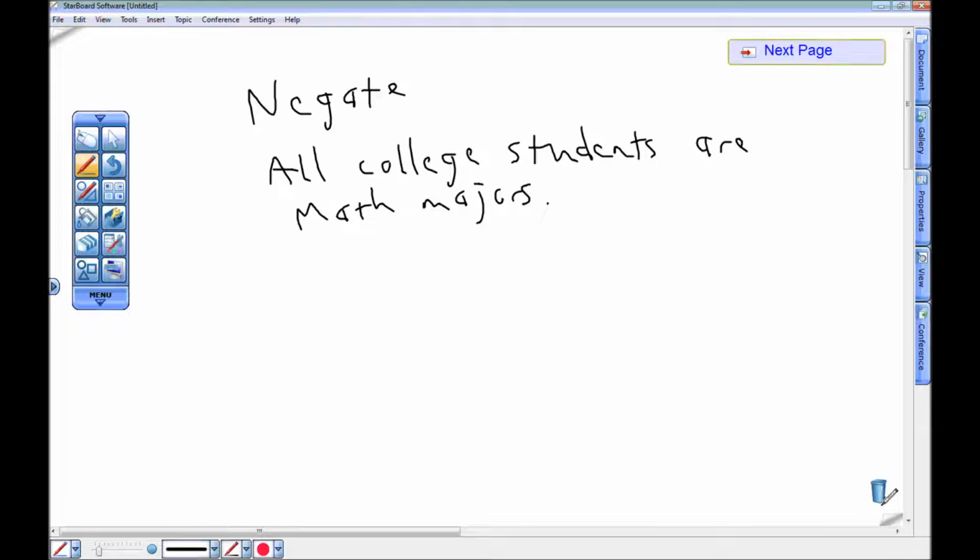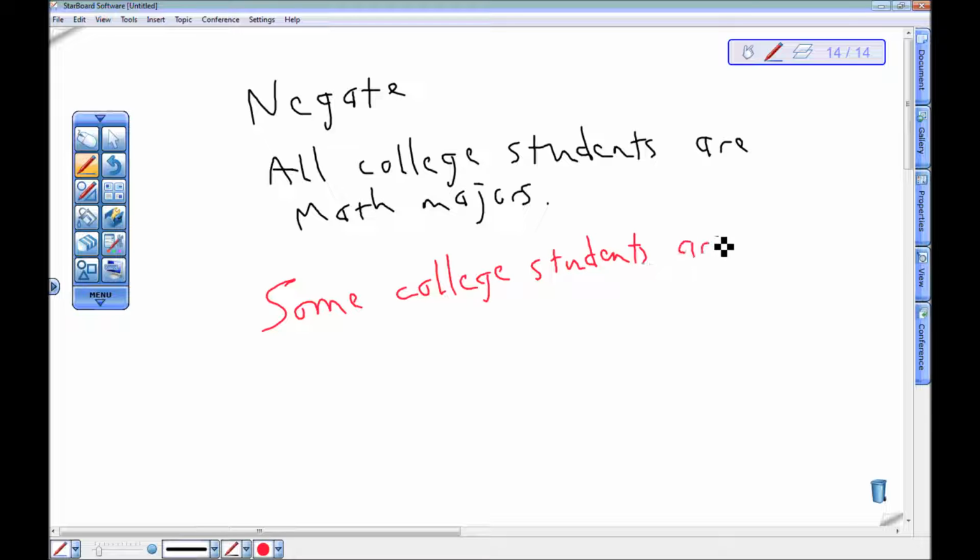So my negation is some college students are not math majors. Okay, the negation of all college students are math majors is some college students are not math majors, because that has the opposite meaning.